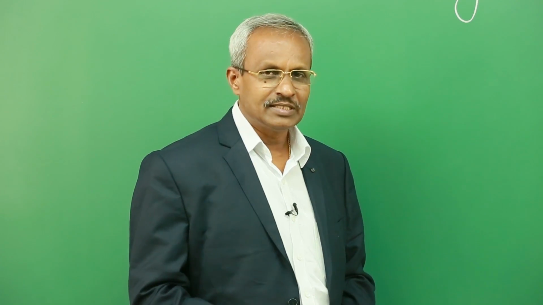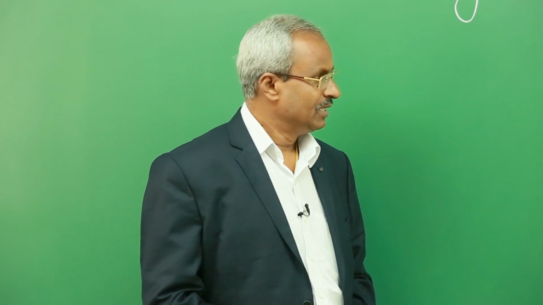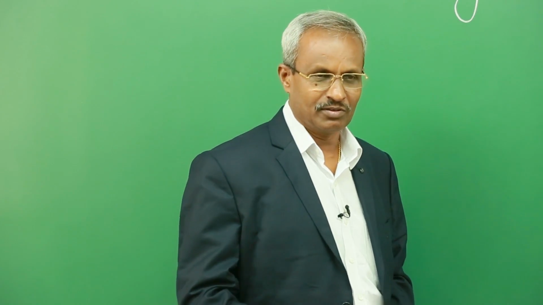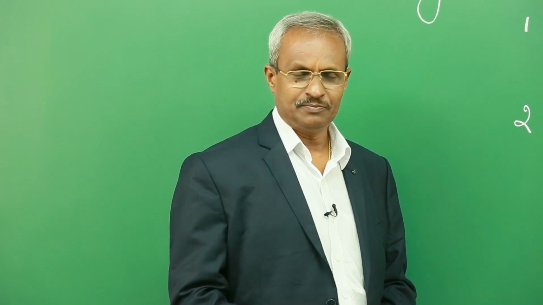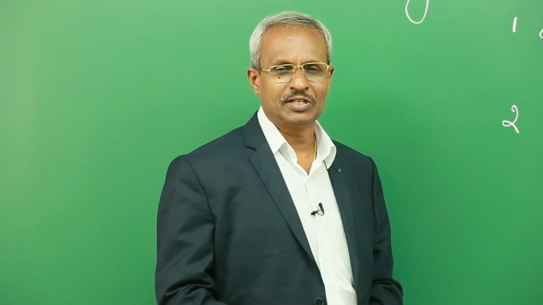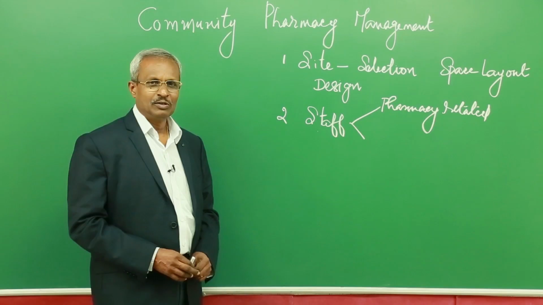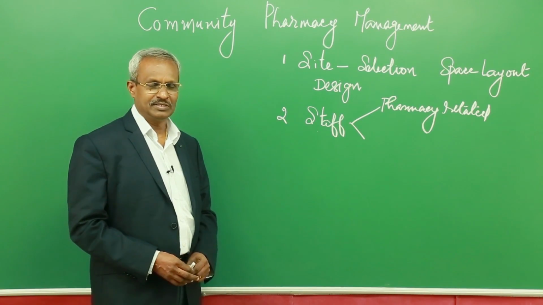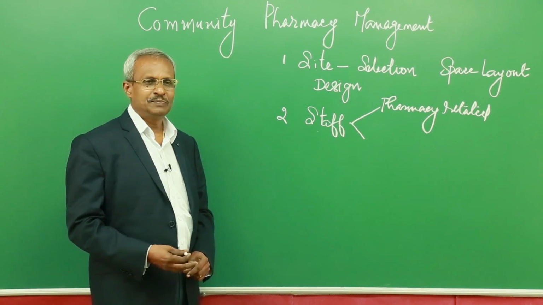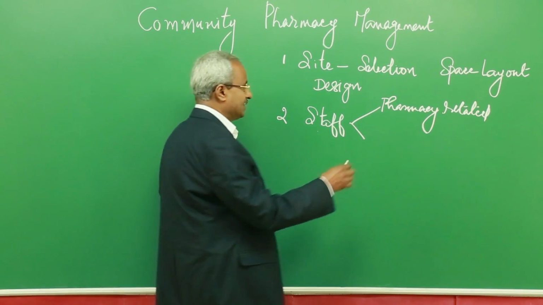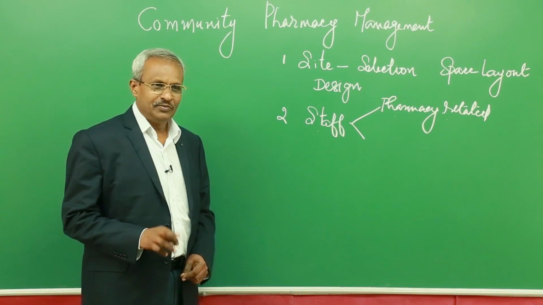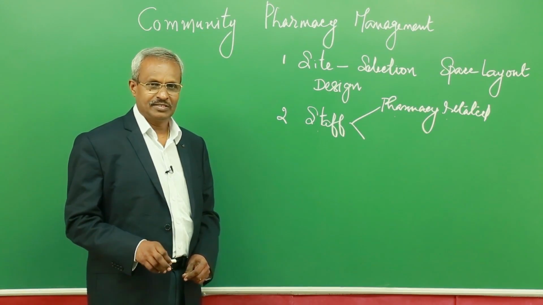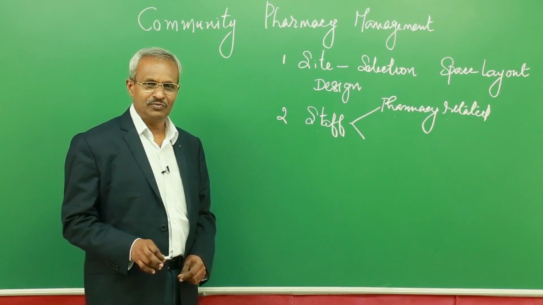Apart from the registered pharmacists, quite often the pharmacist may require the help of other people who are not so trained or educated as the pharmacist, but are competent enough to help the pharmacists under their supervision. Such people we call pharmacy technicians. So pharmacy related people fall into two categories. One is registered or qualified pharmacists.